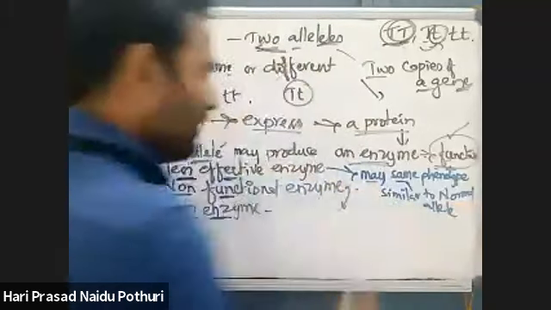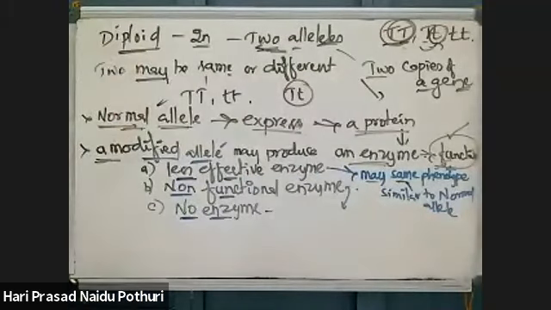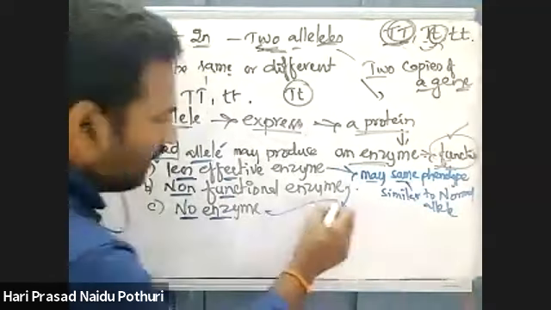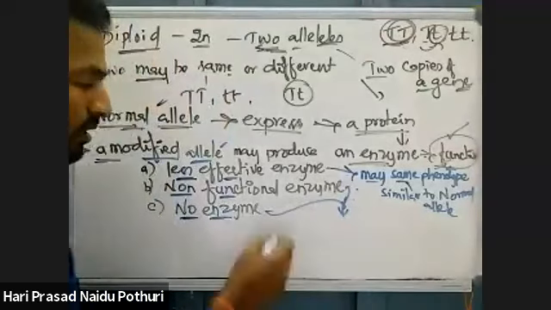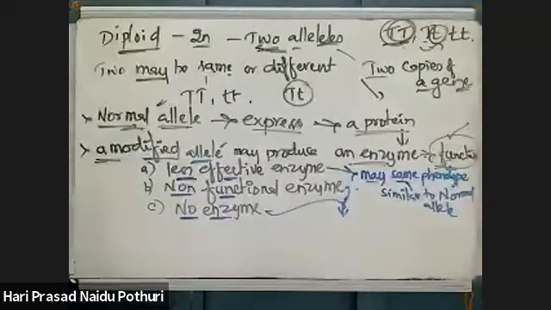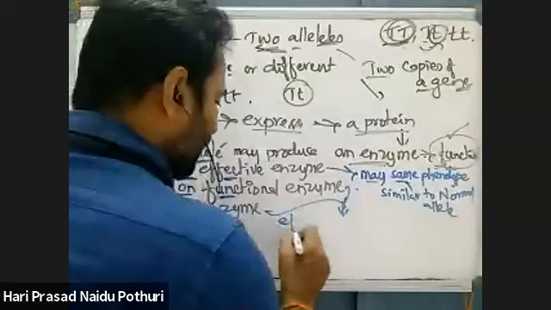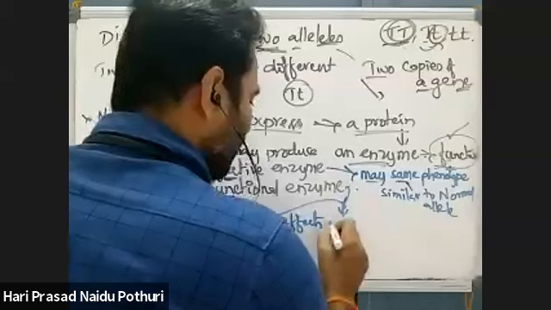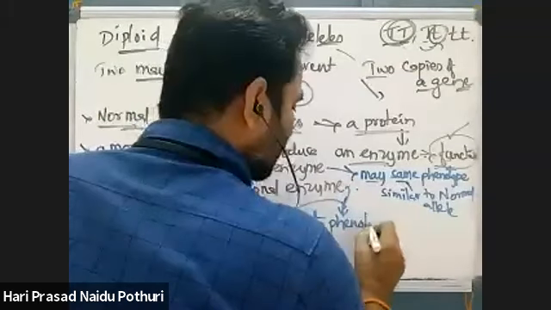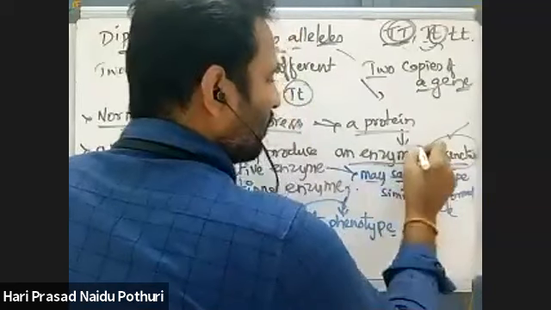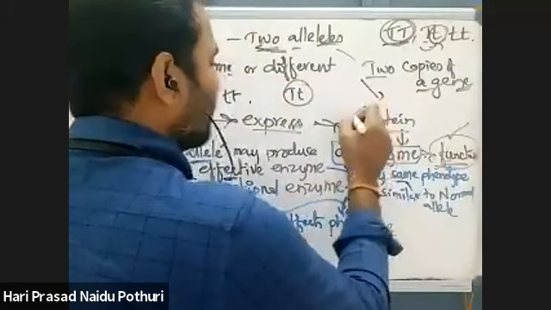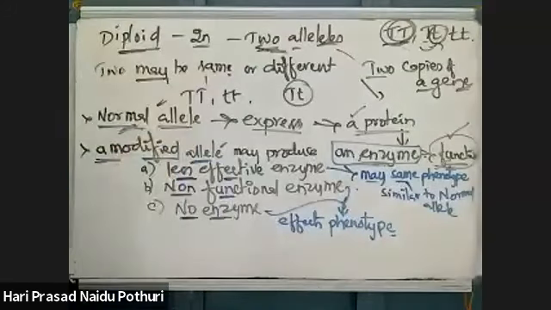Whereas the second one, third one both. If an allele is producing non-functional enzyme or no enzyme, what happens now? Phenotype may be affected. It affects phenotype because the phenotype character, which is the function, is controlled by the enzyme. That enzyme is produced as a protein from the normal allele.